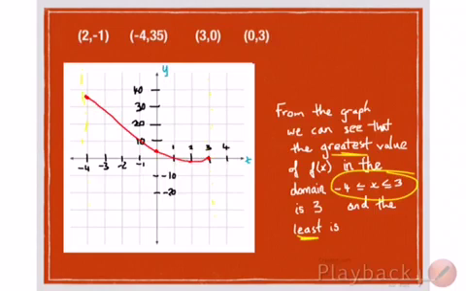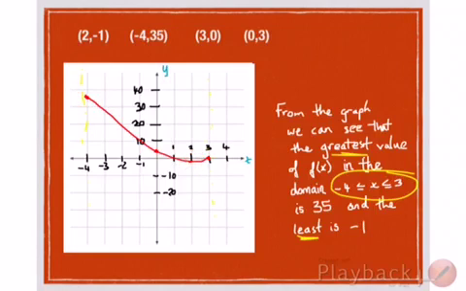My least value within the domain is going to be negative 1, because the graph is never going to go below this point here. So my greatest value on this graph within this domain is plus 35, and my least value is negative 1.